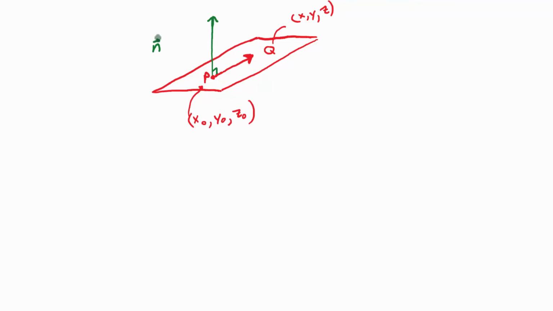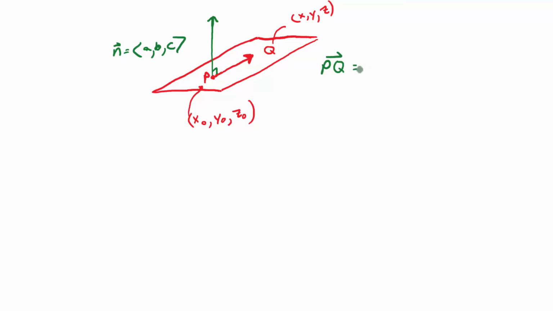Let's say the components of the normal vector are A, B, and C when you put it in component form. So consider the normal vector to the plane A, B, C, and I also want you to consider PQ as a vector.